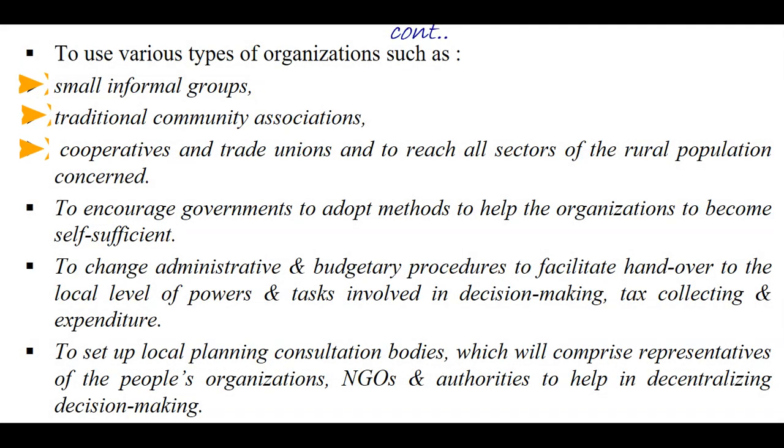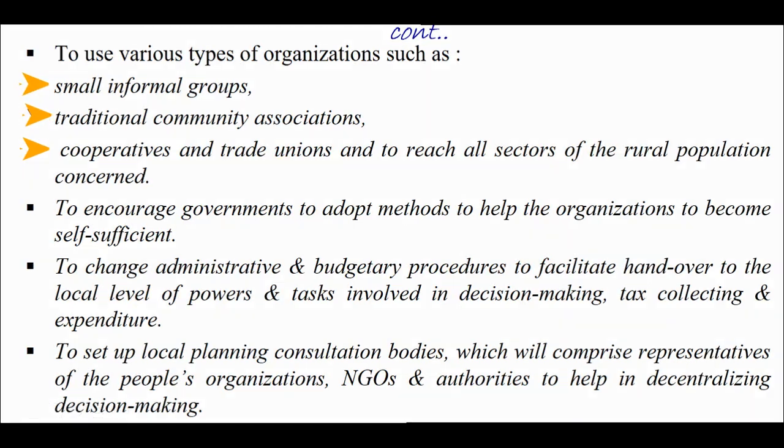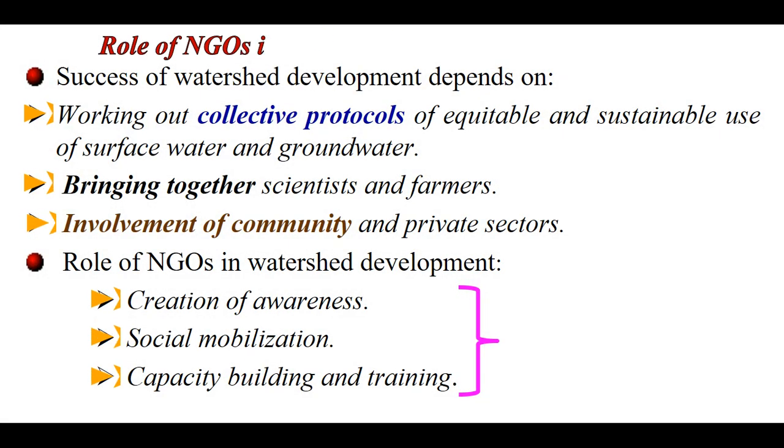Various types of organizations can be used, such as small informal groups, traditional community associations plus cooperatives and trade unions, and to reach all sectors of the rural population is considered. These are the ways of using them.